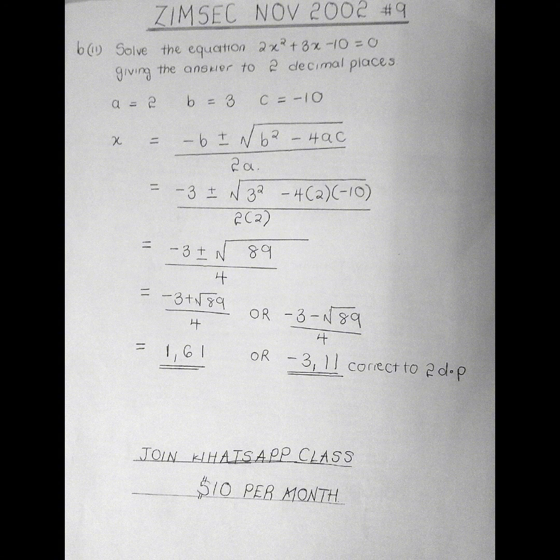We now have minus 3 plus or minus the square root of 89 over 4. So our x is either minus 3 plus the square root of 89 over 4, or minus 3 minus the square root of 89 over 4. If we punch on the calculator and round correct to 2 decimal places, our final answer is 1.61 or minus 3.11.